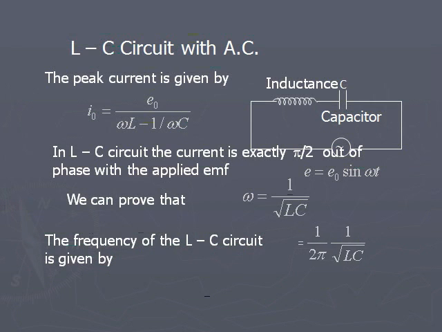Then the frequency of oscillation of this LC circuit is given by f = 1 by 2 pi times 1 by square root of LC. This is an oscillatory circuit.